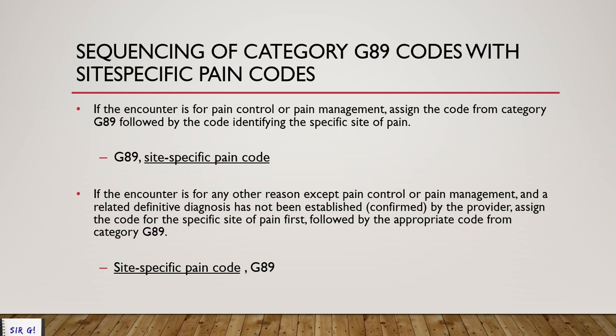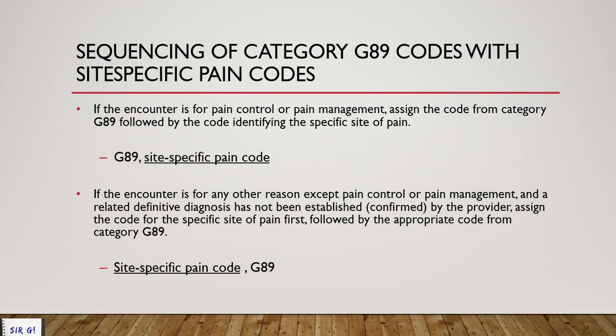You need to code G89, and you need to code the neck pain. That is site-specific, I mean, the pain is specific to that anatomical site, like for example cervicalgia, or neck pain. Now, if the reason for encounter is pain control or pain management, remember the previous guideline: code first G89, and the additional code for the specific site.